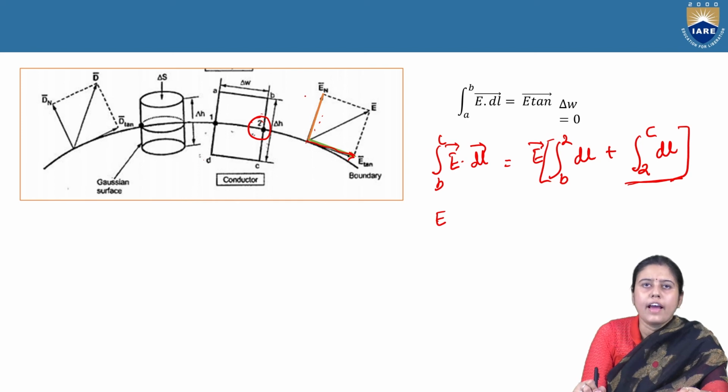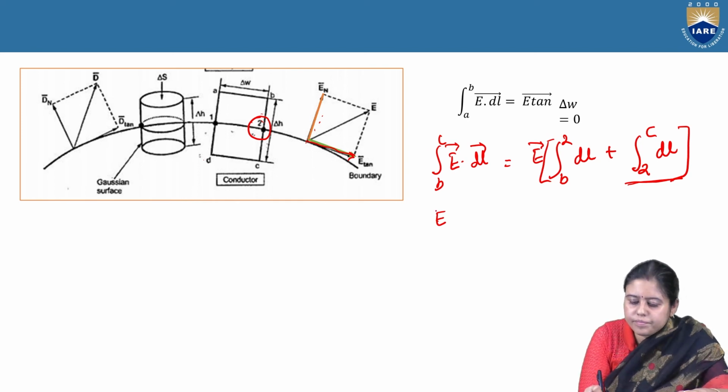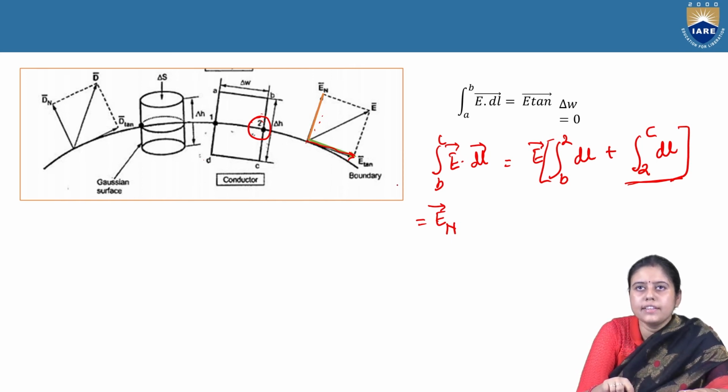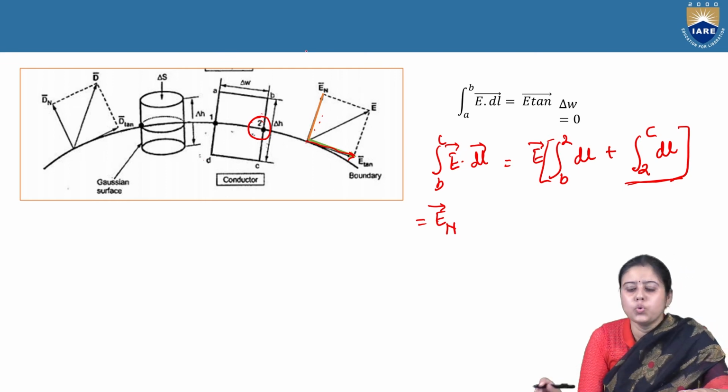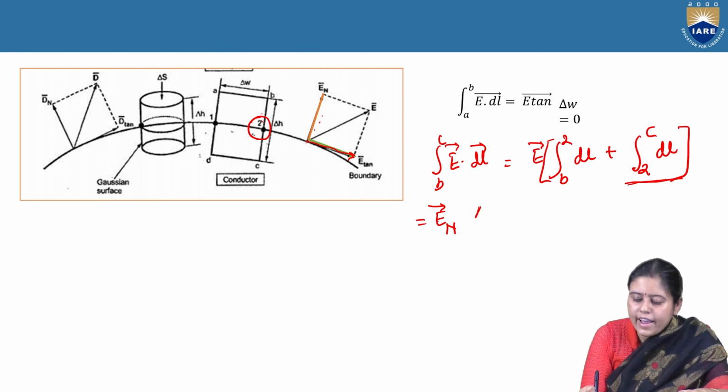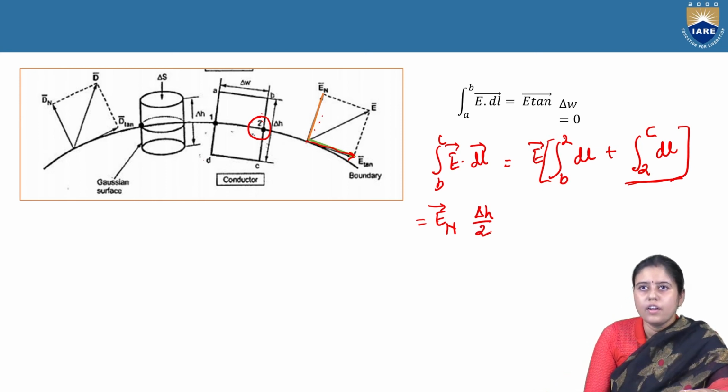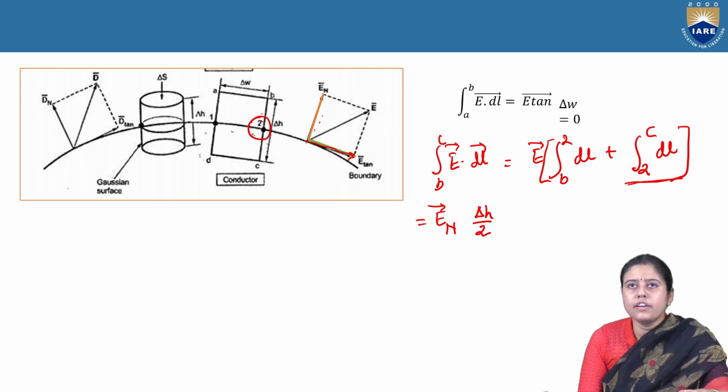So we can write En. Now, if the total length is h, this half length is h by 2, so we can write it as En delta h by 2. Okay, so we got it like this.